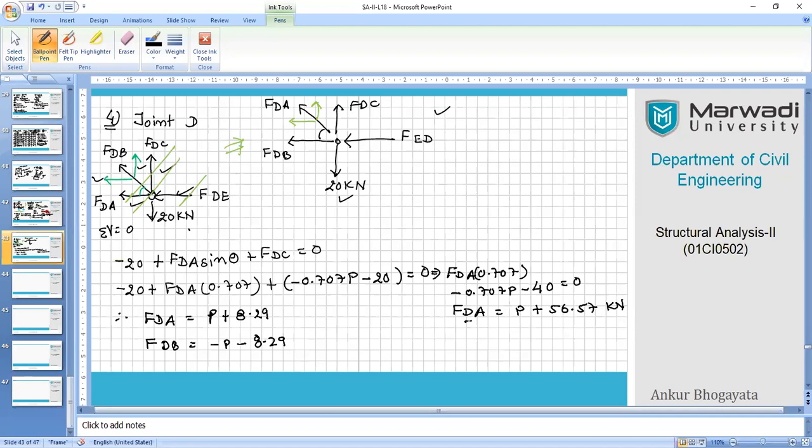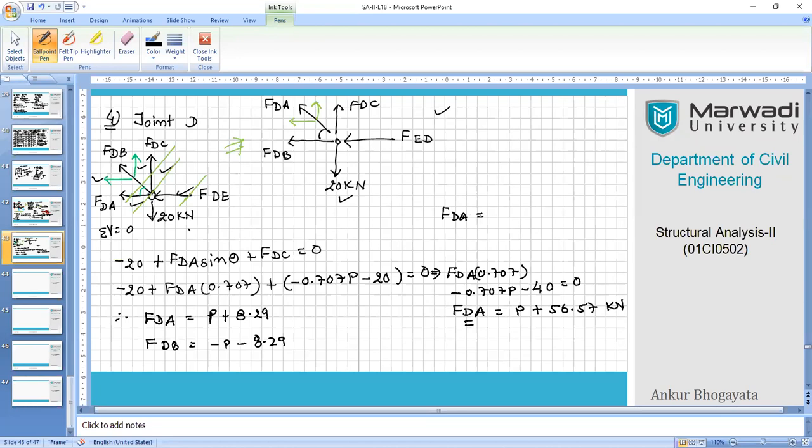So that should be the simple calculation, and I hope all of you are getting this, because with this 0.707, when you send this term on the other side, it is a very simple mathematical calculation.